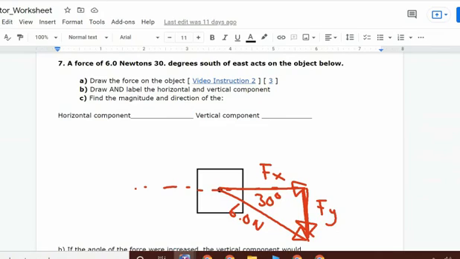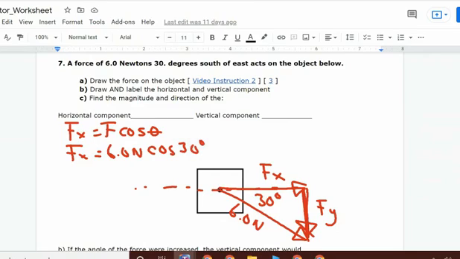Now the next thing we have to do is the horizontal component. How do we do that, girls? There are 2 ways to find a horizontal component. One's super accurate, and one's pretty good. To get super accurate, we use cosine. Fx equals F cosine theta, terrific. So Fx equals 6.0 newtons, substitute with units, cosine of 30 degrees.